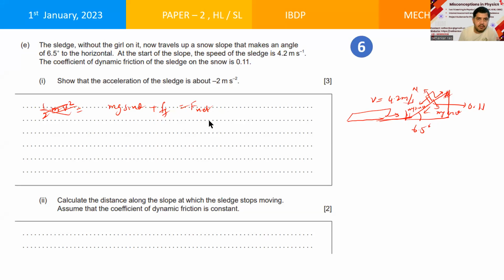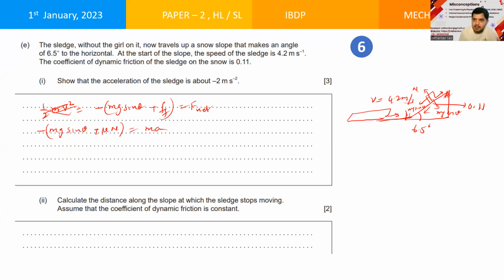Okay, so therefore, mg sin theta plus frictional force is equal to F net. And this is negative over here. Why negative? Because this is going in the opposite direction, but the object is moving in the forward direction. Okay, so now let me substitute all the values. This should be minus of mg sin theta plus mu times N is equal to m into a.